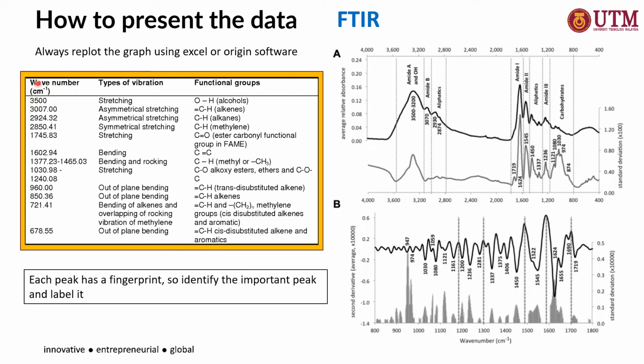So this is an example of the functional groups with very specific data. For example, at wavenumber 3500, it normally shows a stretching, and it is represented by the OH functional group.